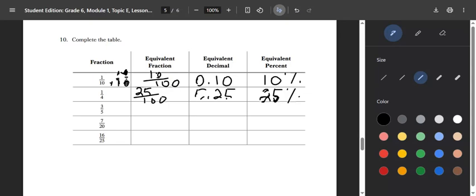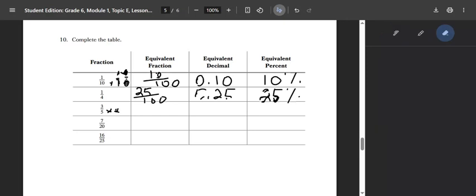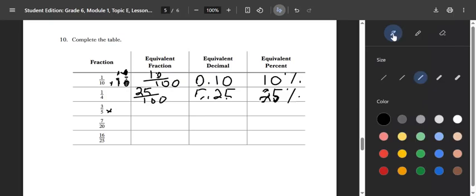All right. So for 3/5, all I have to do is multiply the 5 times 20 to get that to 100.